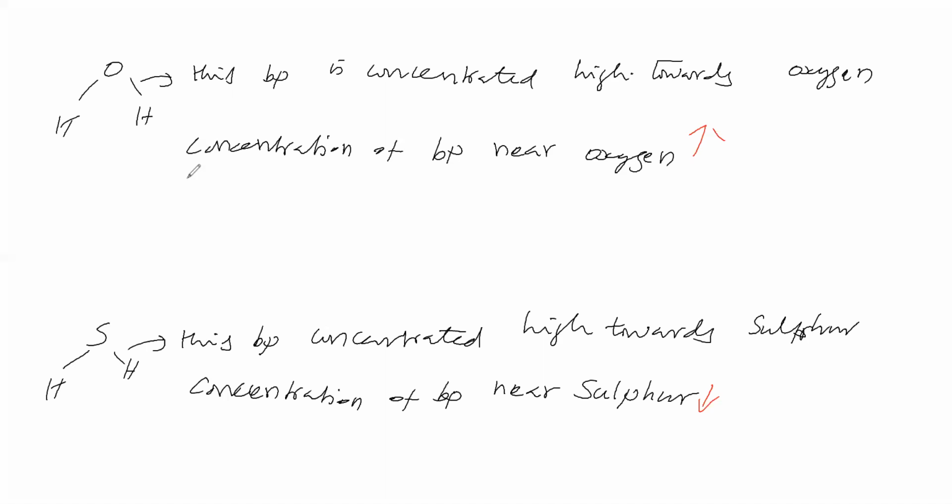Therefore, in this case bond pair repulsion is high, whereas here bond pair repulsion is low, because the concentration of bond pair near oxygen is more but near sulfur is less. Therefore, since bond pair repulsion is more, bond pairs move far away.